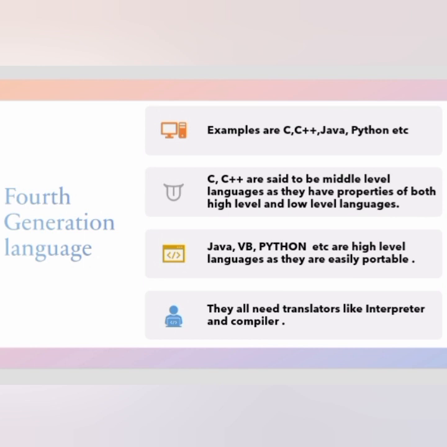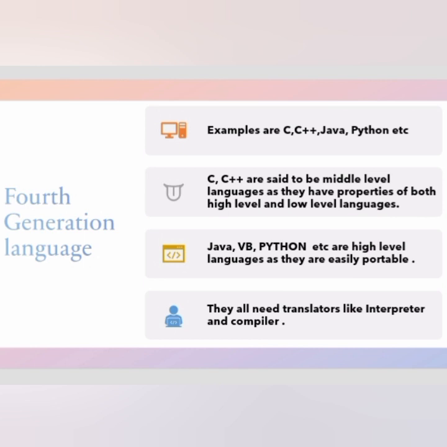If you ever study C, you will see that it uses the concept of pointers, which makes it a low level language. While Java and Python are completely English type of languages. They are portable in nature. You can copy these programs, give them to your friend, and he or she can run them on their systems.